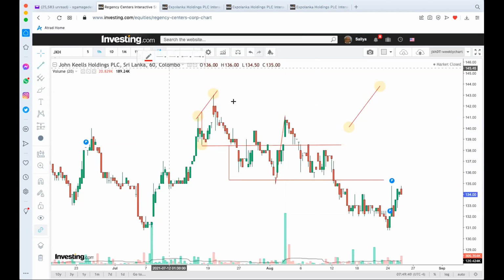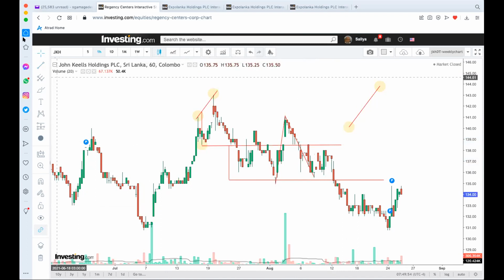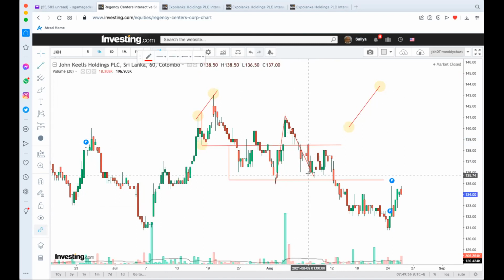Then from this high to another low. The low could be this or this. Since this is the lowest low, we have to take that, right? And then from there, we go to the next high, and it is here.